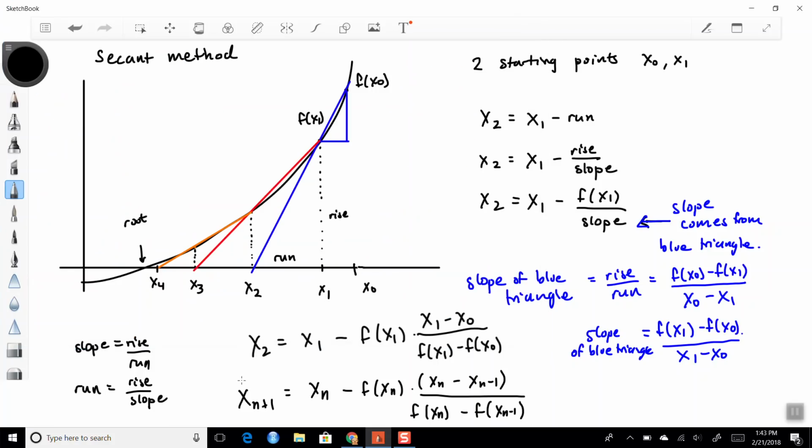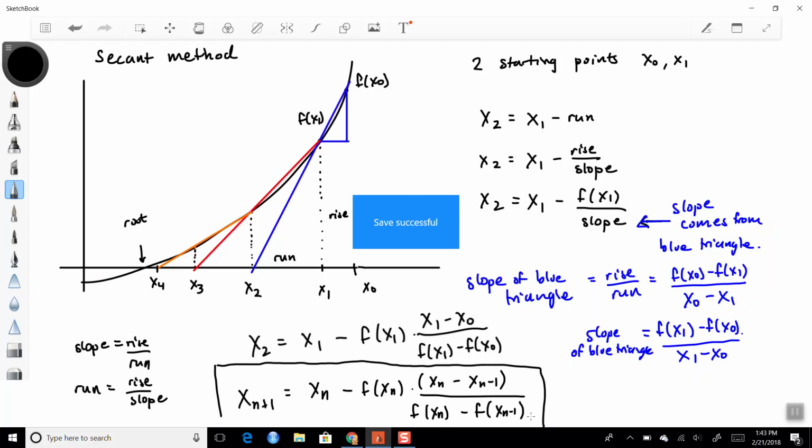And this would be our secant method. Is that okay? I'm not going to write up the pseudocode here, but I think you guys can figure it out. You just need 2 starting points.